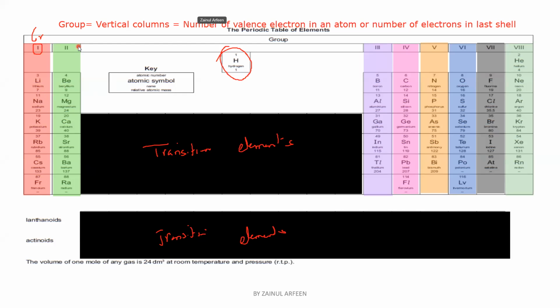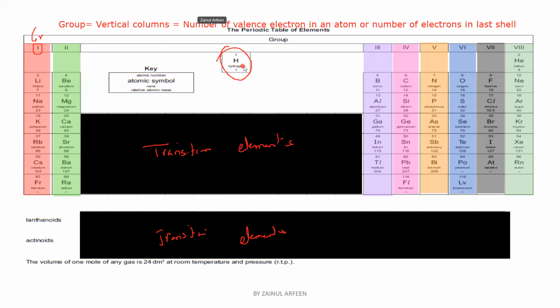Group 2 will have different properties than group 1, but the elements in the same group will have similar properties. So beryllium matches with magnesium, magnesium with calcium, calcium with strontium, strontium with barium, and barium with radium.